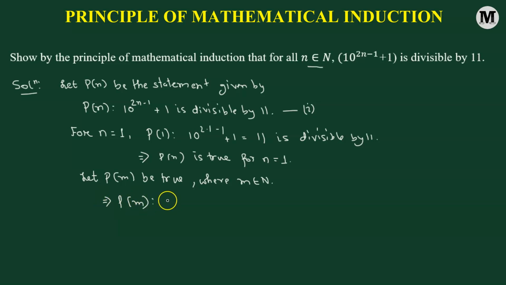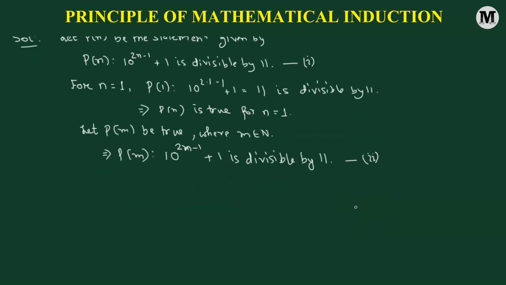So we are now saying that 10 raised to the power of 2m minus 1 plus 1, this expression, is divisible by 11. Okay, so we're going to name this as statement number 2. Fine, so this is divisible by 11.